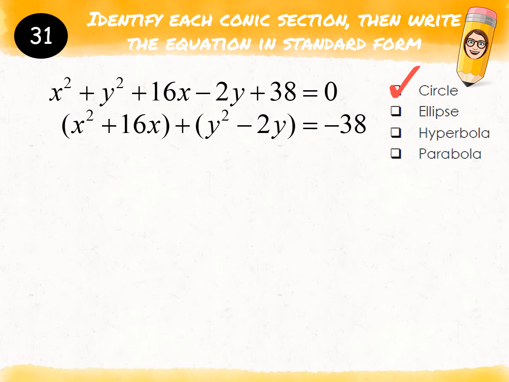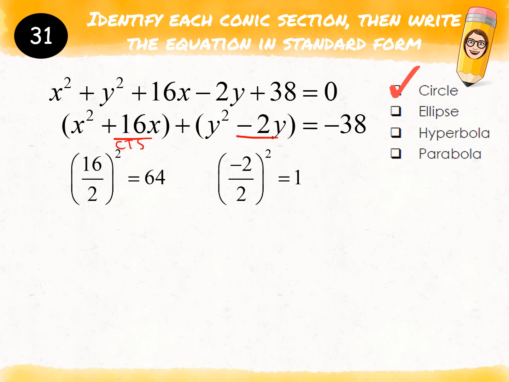Step 3, take the numbers before the x and before the y, and we want to complete the square, which means we take those numbers, we divide them by 2, and we square them. 16 divided by 2 squared is 64. Negative 2 divided by 2 and squared is 1.